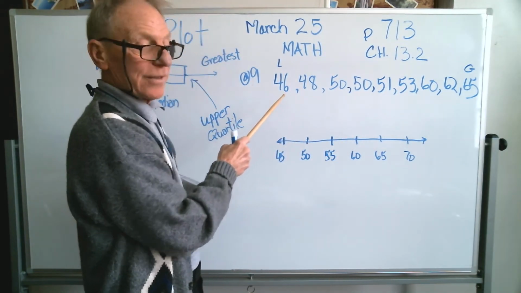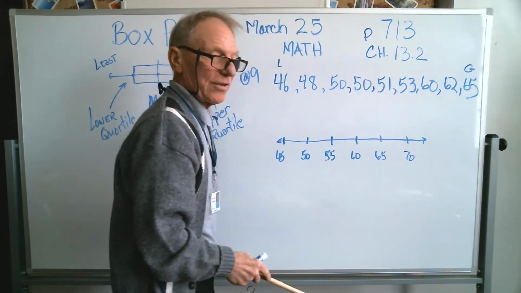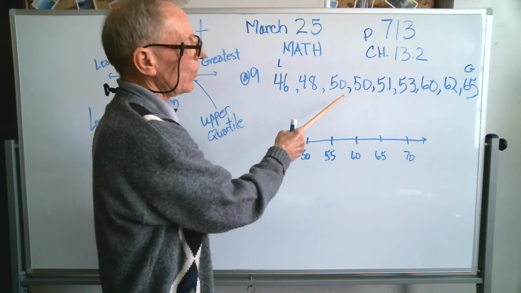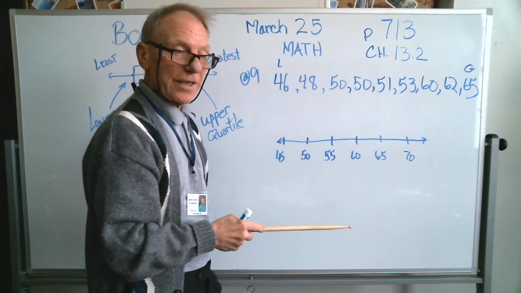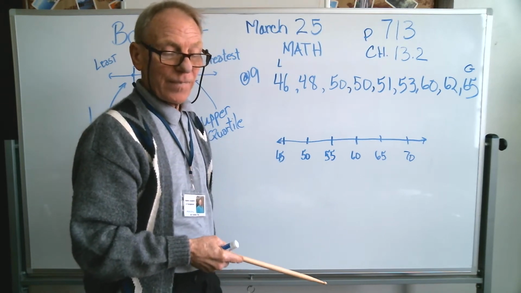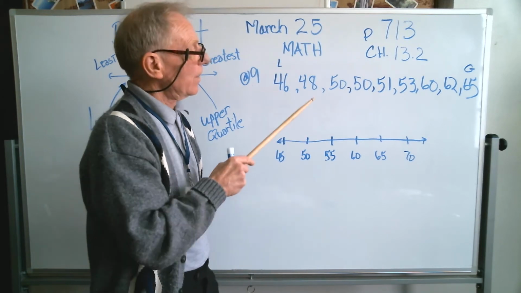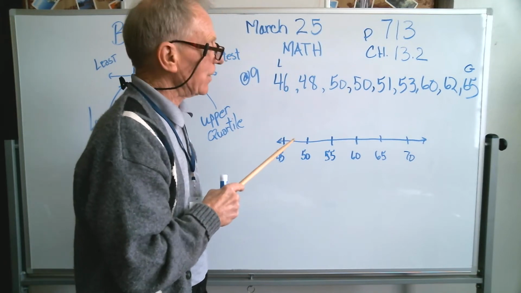The least is 46. The greatest is 65. And then, in numerical order, they're all listed. Now, notice that the number 50 appeared twice in the data set. You have to put it down twice, because it helps to determine the right median of this set of numbers.